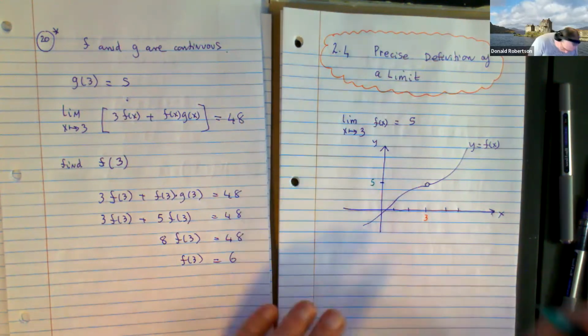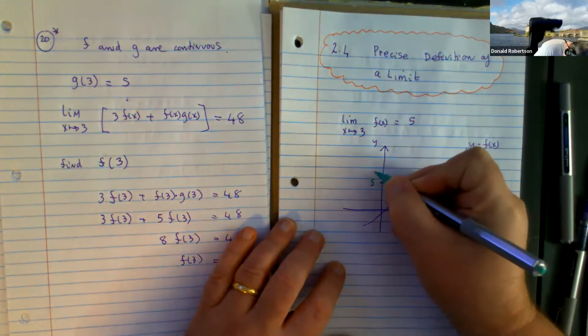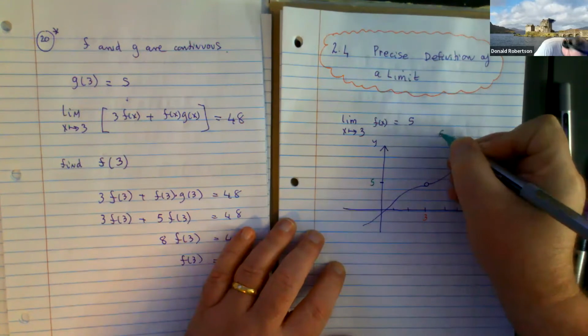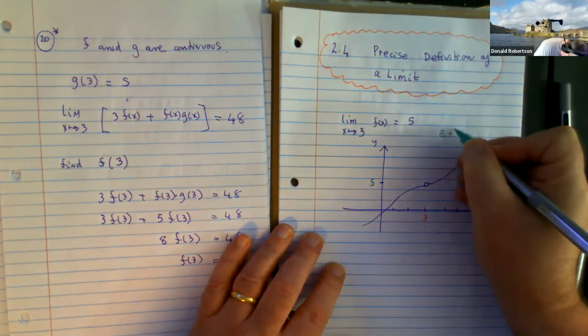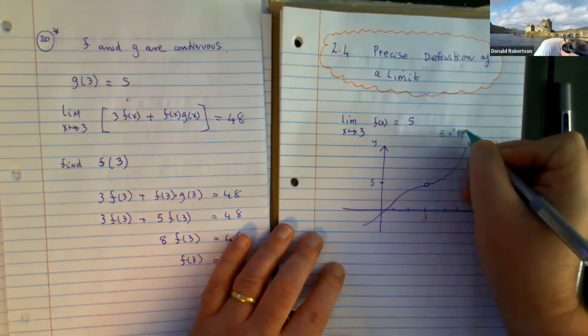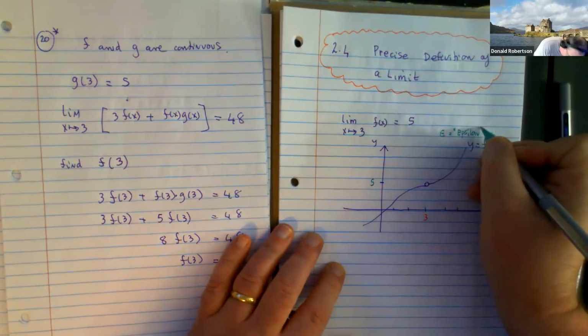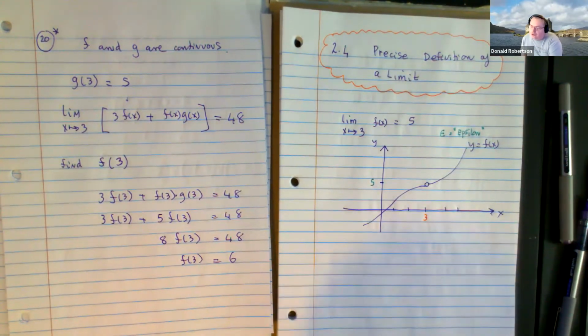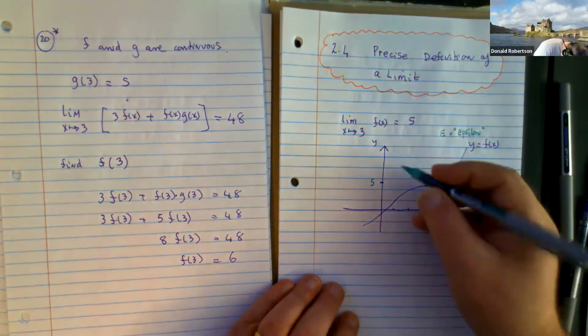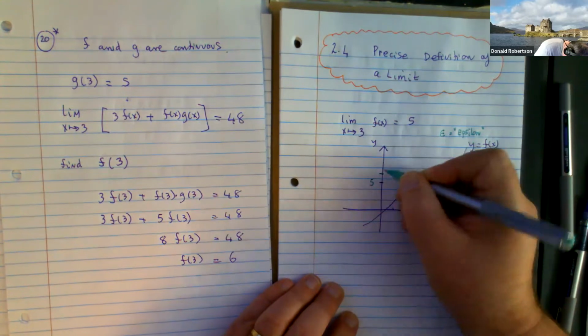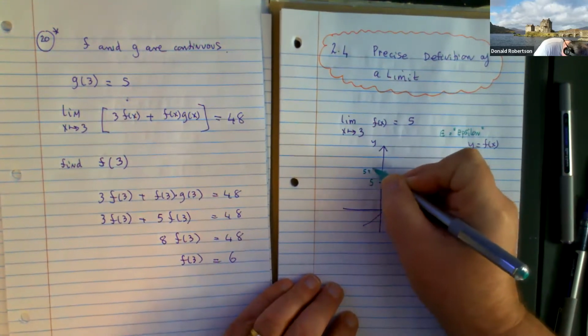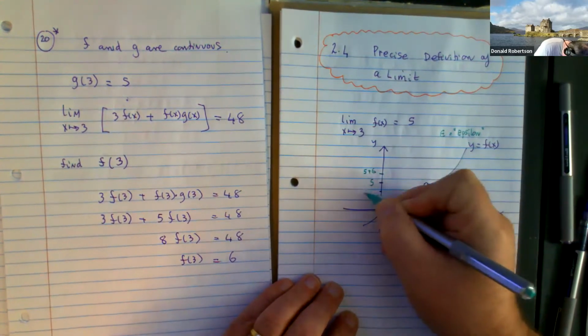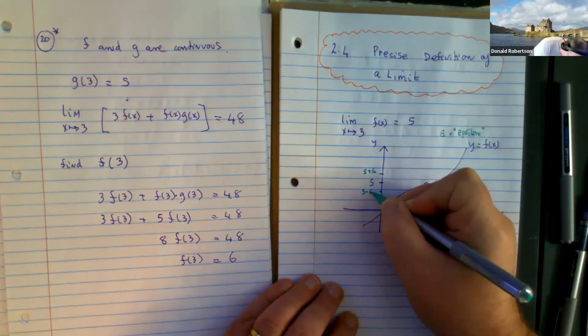So we choose a guy called Epsilon. That's his name. And Epsilon is how close you want me to be before you're convinced that this limit is 5. We're just going to call it 5 plus epsilon, and over here, 5 take away epsilon.